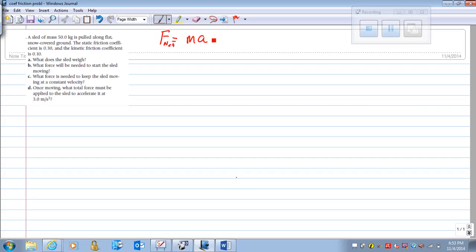We also have our equations that say that the force of friction, if it's kinetic friction, is going to be mu k, which is our coefficient of kinetic friction, times the normal force. I'll put Fk here and Fs here.